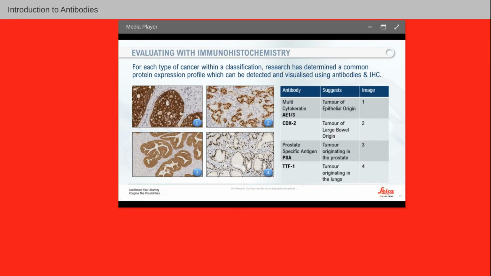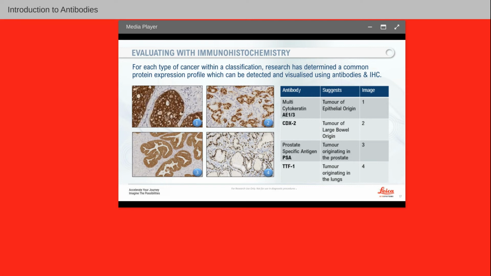So we've discussed malignant melanoma, but all through the body, every single cell, or nearly every single cell, has the potential to become malignant. And each different tumour that arises from these malignant cells will have a different protein expression profile. Now, having said that, some proteins are expressed by a wide range of normal and malignant tissues.